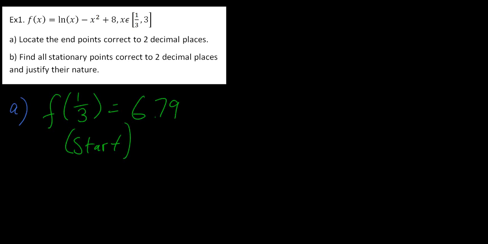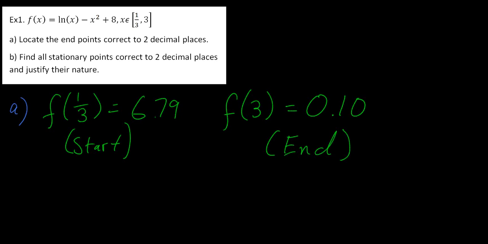For endpoints, part A, that's what we're doing first, we have f of 1/3 equal to 6.79. This is our start. And f of 3 gives us 0.10 rounded to 2 decimal places, and this gives us our endpoint to the right. And this start over here is the endpoint to the left.